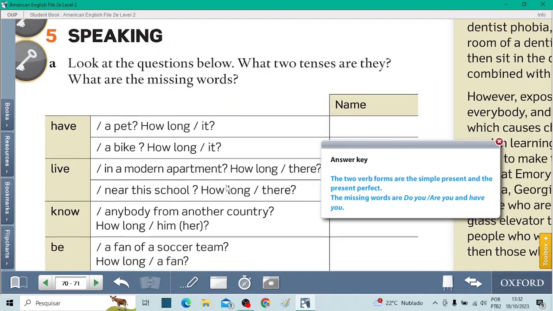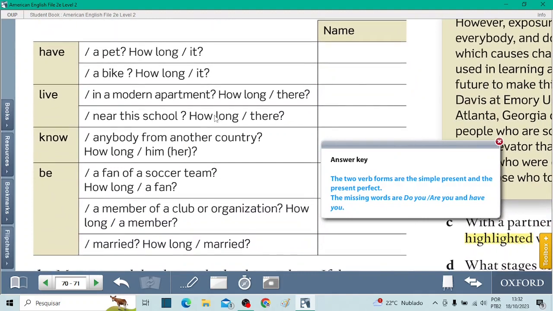So the tenses we're using here are the simple present tense and also the present perfect tense. And the words that are missing here, for example, here, have a pet. Do you have a pet?